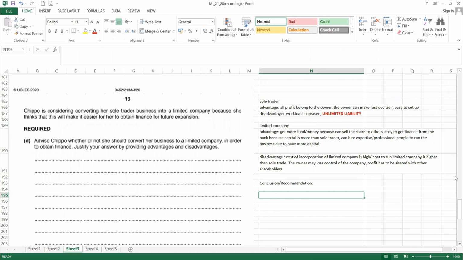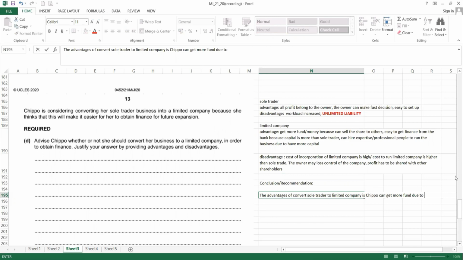So whether she should, you can say that the advantage of converting sole trader to limited company is Chipo can get more funds due to the shares that can be sold to others. That is the first sentence, the advantage that we make.